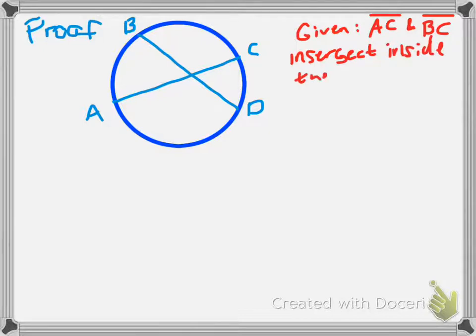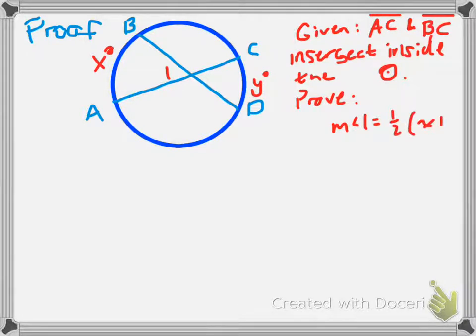Okay, that's all we know. And we want to prove that, and we'll call it here, this is angle 1. We'll call this X degrees, Y degrees. We want to prove that the measure of angle 1 is half X plus Y.